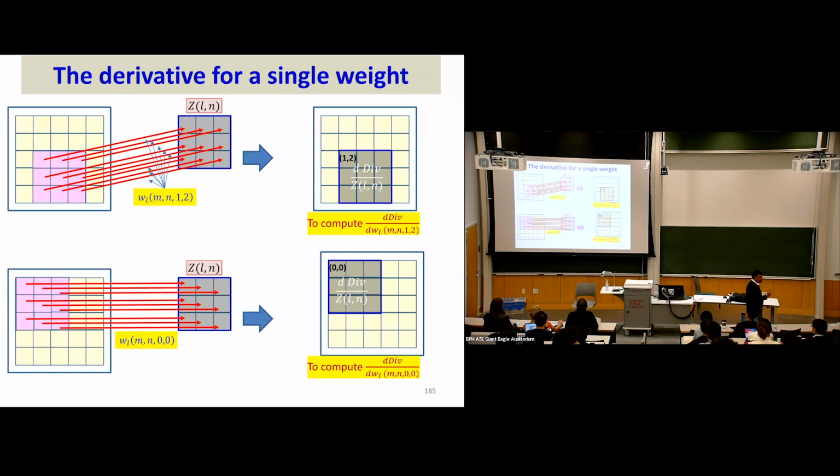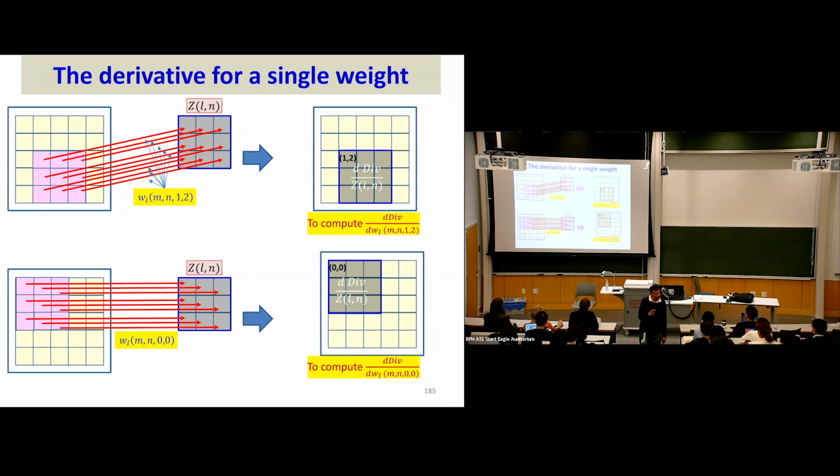And so using the same logic, if I were to compute the derivative for W00, here this element multiplies with W00 to give you Z00, right? This element multiplies with W00 to give you Z01. So going backwards, you'll be placing the derivative map starting at the 0, 0 location to compute the entire inner product, right?